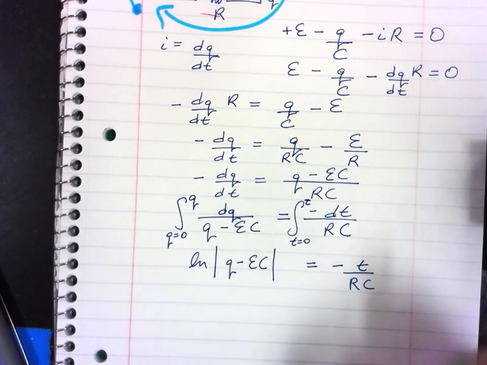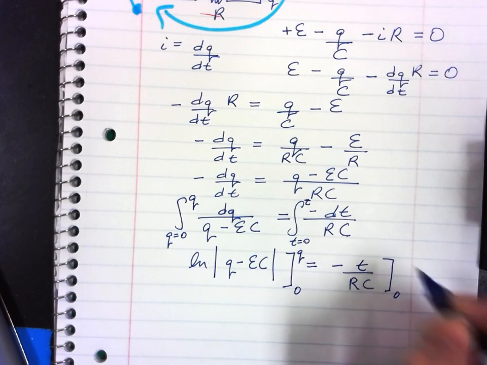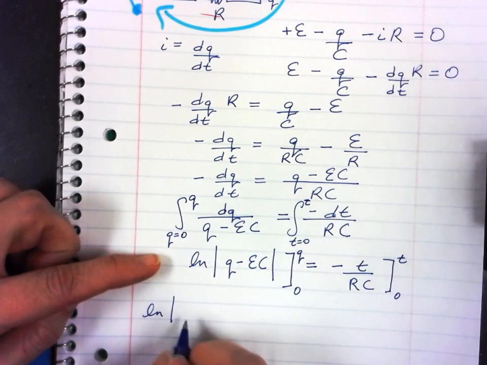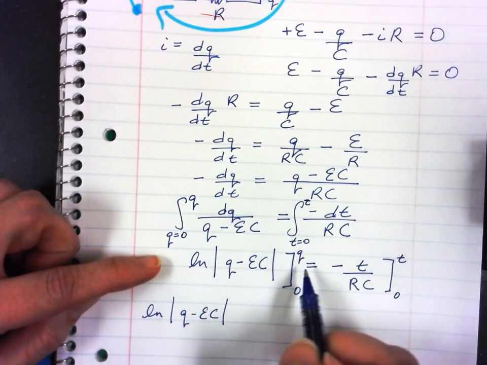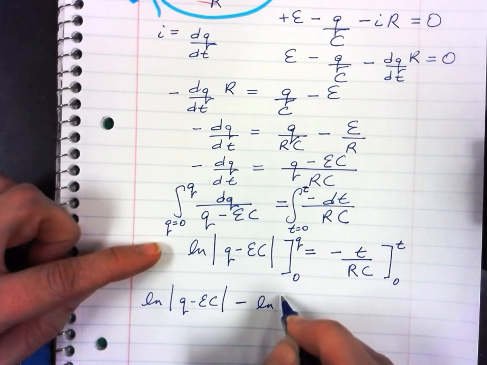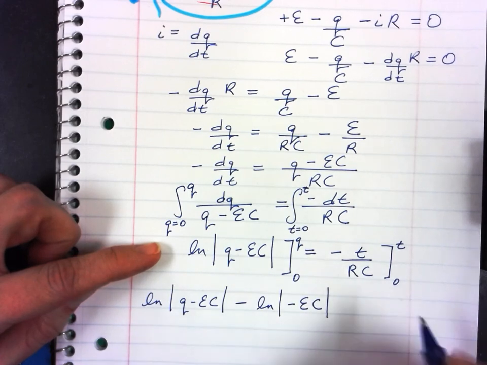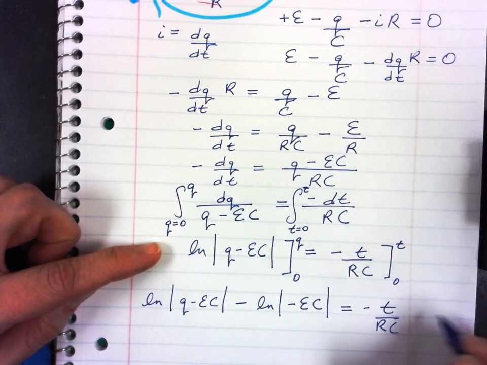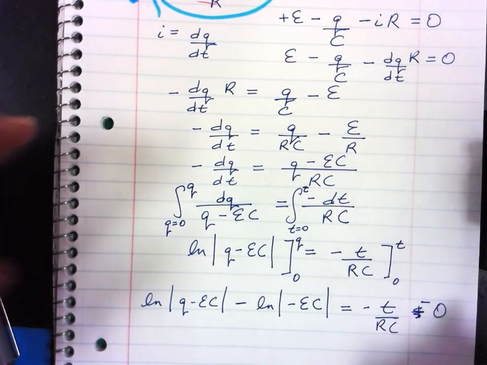Now we have to evaluate these integrals between 0 and Q and 0 and T. So if I plug it in here, we get the natural log of Q minus EC, because we're, and this is where the notation is bad, we're putting Q in for Q and we're putting 0 in for Q. So minus natural log of 0 minus EC, so just that, equals, we put in negative T over RC, T in for T, and then subtract 0, which is just 0.